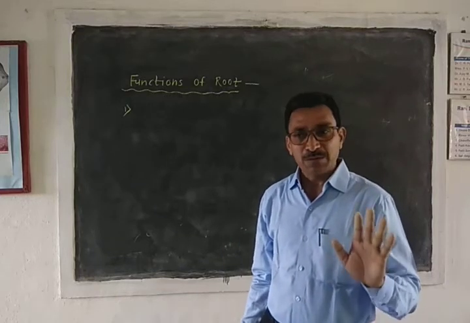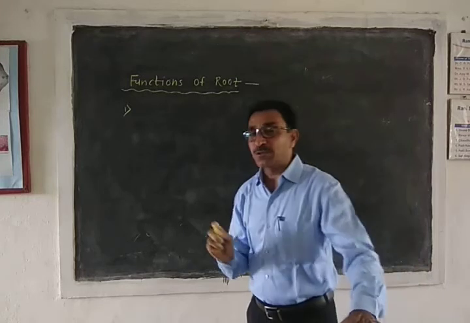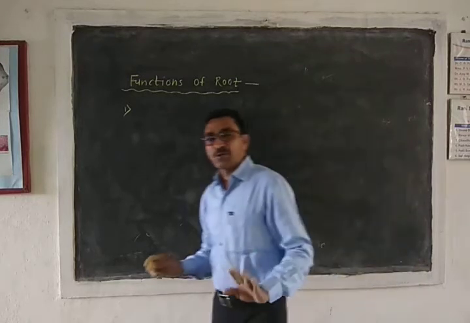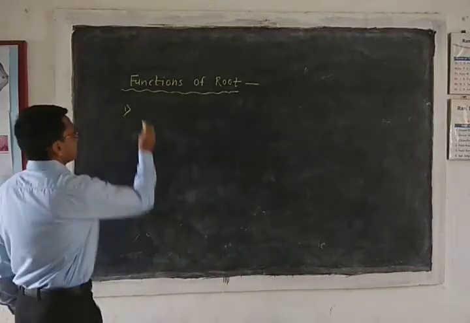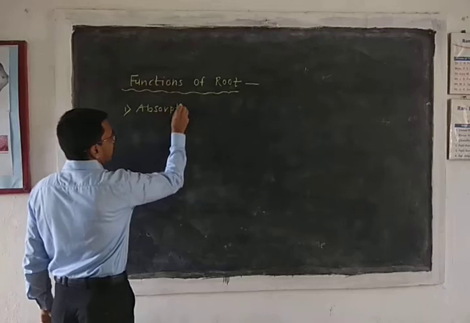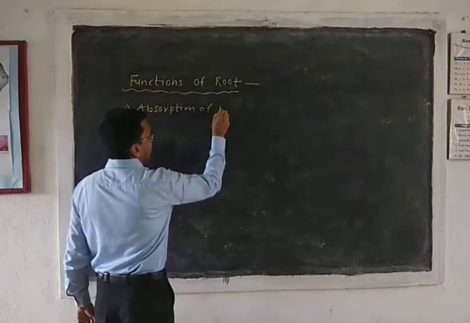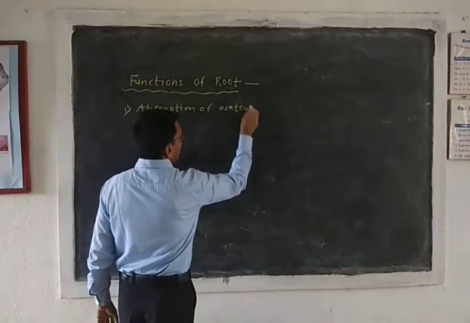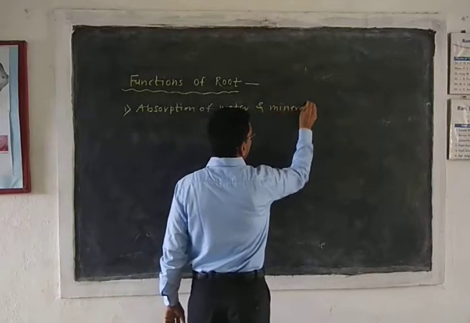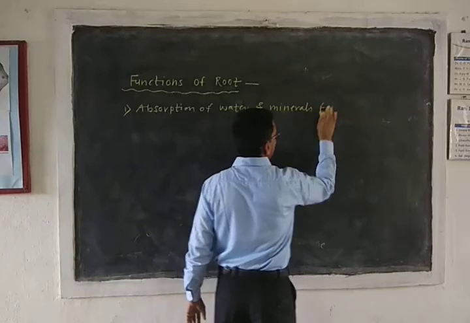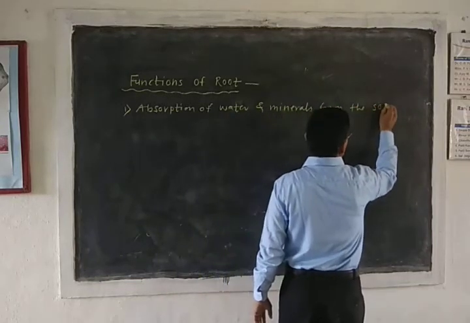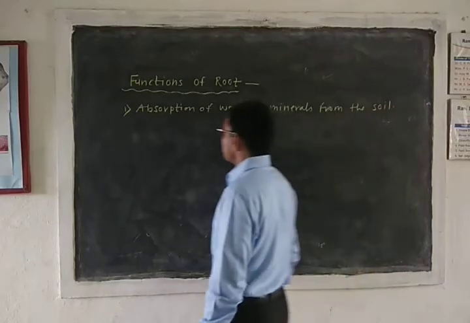We know very well what the function of root is. The main function of root is the absorption of water and minerals from the soil. This is the first function of the root.